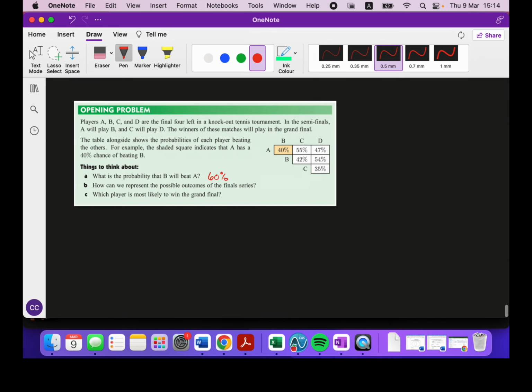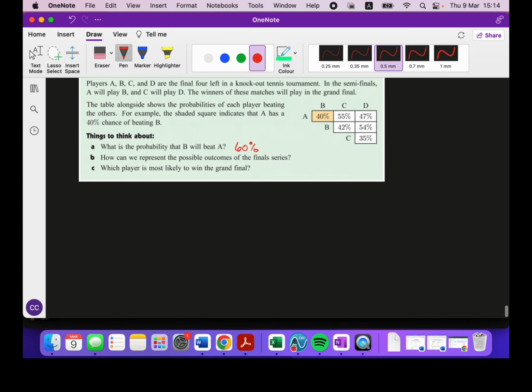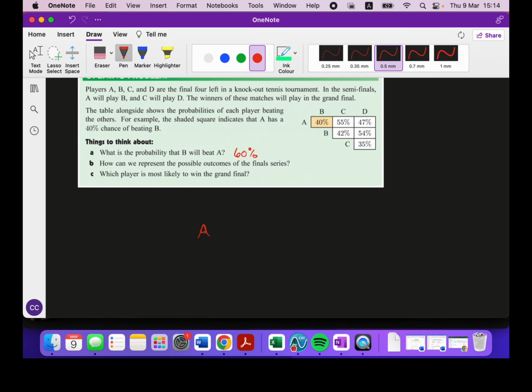So the whole deal is, let's just start with A and B, okay? Because I think that is the easy one to start with. So if I have A and I've got B, the probability that A wins is 0.4. The probability that B wins is 0.6. And then they have to play either C or D. So the probability that C beats D is right here.